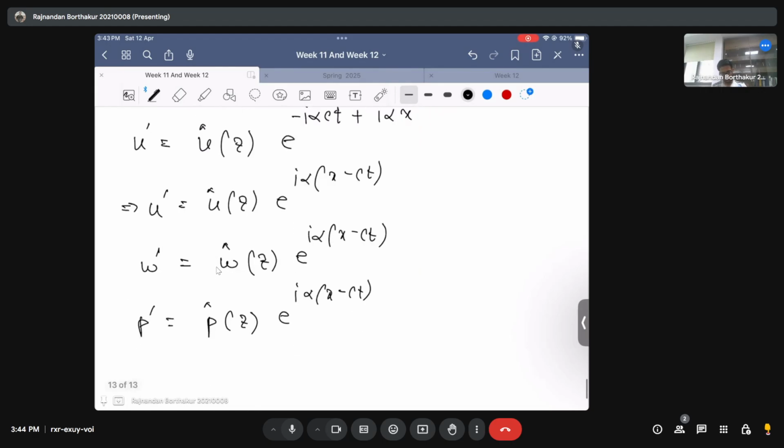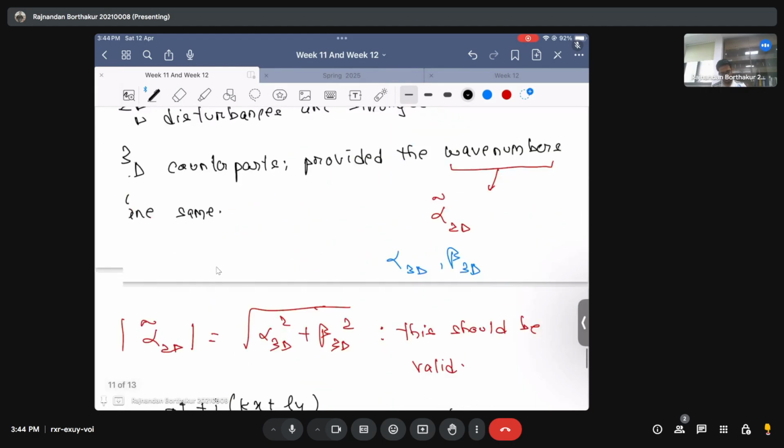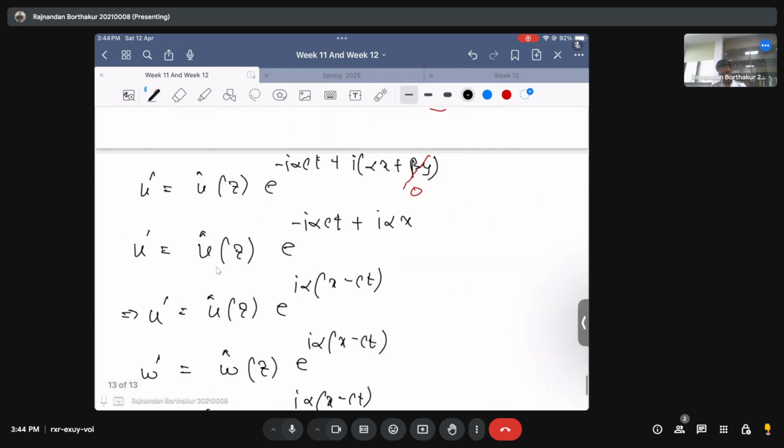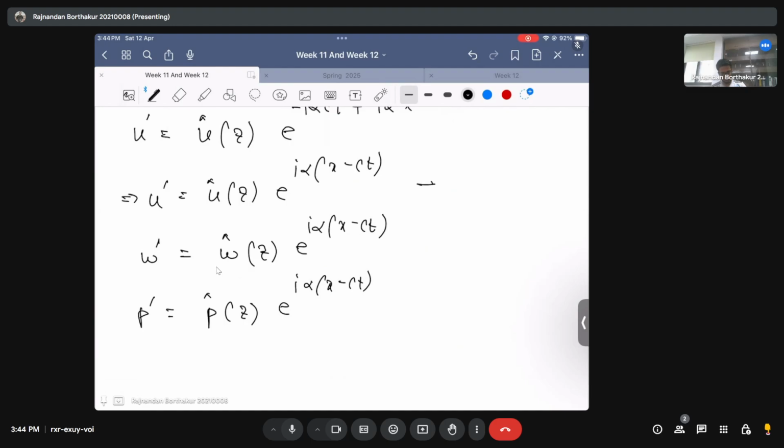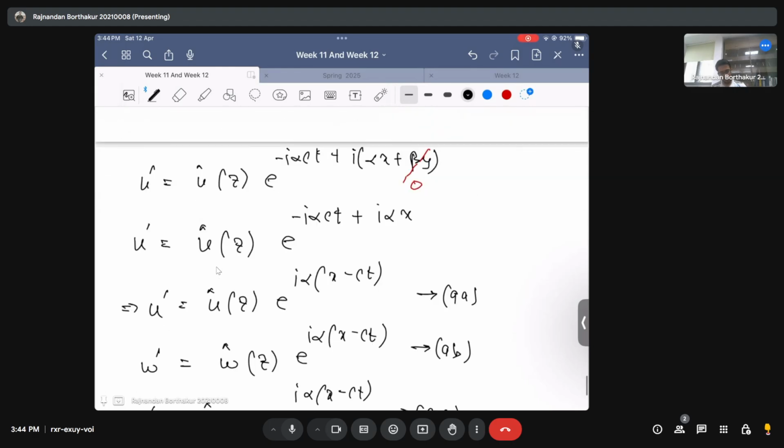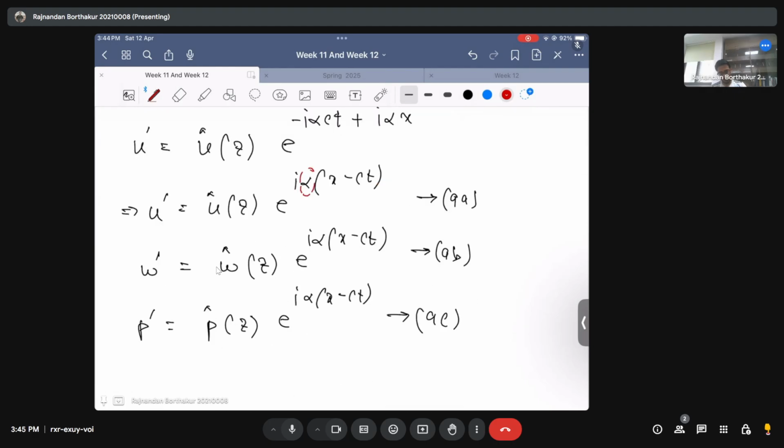Okay, so I'll name these equations 9a, 9b, and 9c, where you must understand that this alpha that we wrote is not the alpha of the 3D problem, this is essentially alpha tilde 2D, which is nothing but the wave number of the 2D problem.